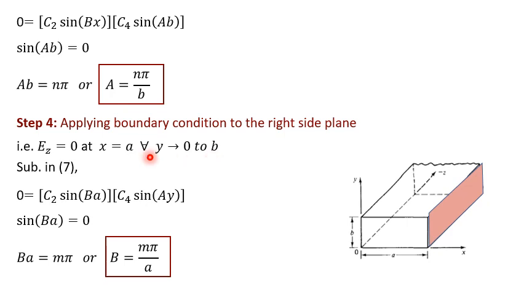Again, if you substitute this condition, you will get 0 is equal to C2 sin Ba into C4 sin Ay, and here you can see that since y ranges from 0 to b, this term cannot be 0, which means sin Ba must be equal to 0. So if sin Ba must be equal to 0, it means Ba is equal to m times pi, or B can be represented as m pi divided by a.